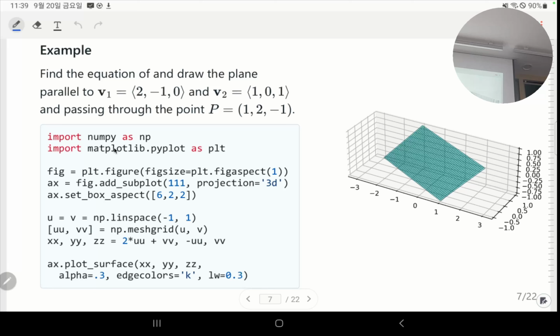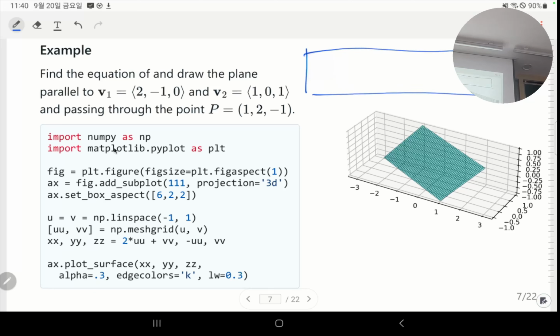So here's how you draw the graph. Here we have two vectors which are supposed to be parallel to the plane, and we're assuming that the plane passes through this three-dimensional point. So you can find your equation. Let's try to find the equation first and then explain the code here.